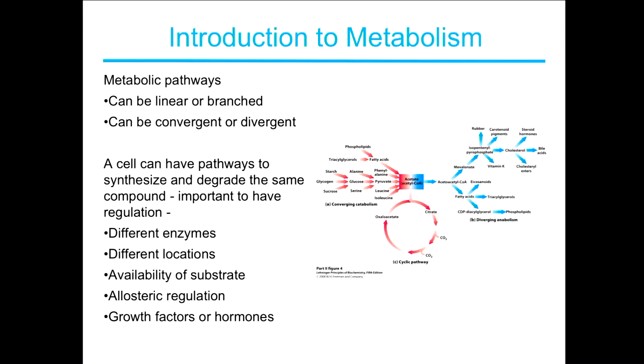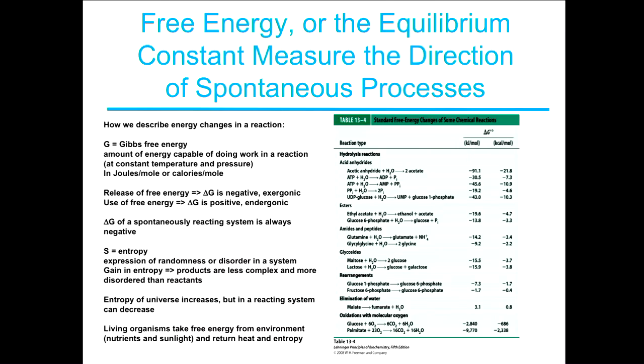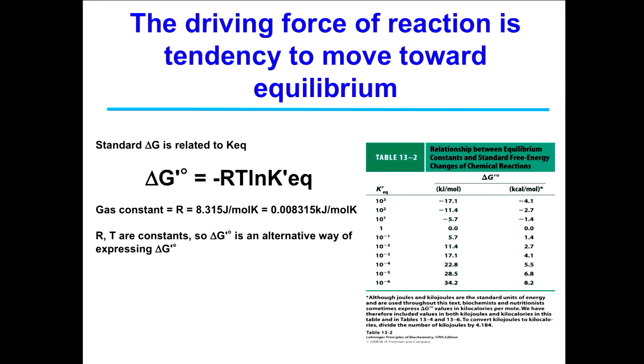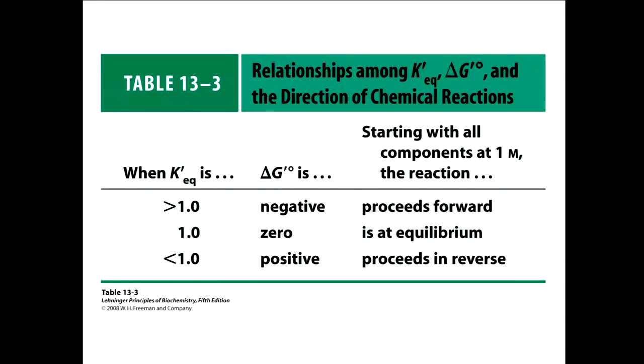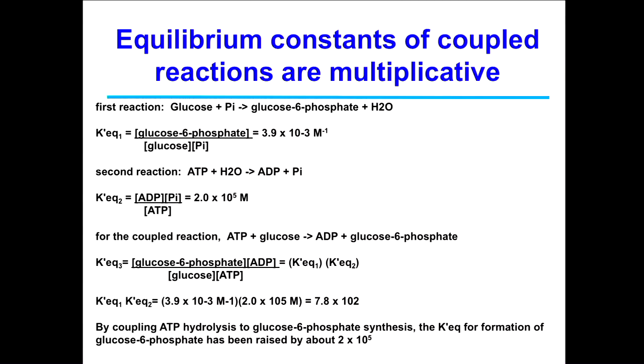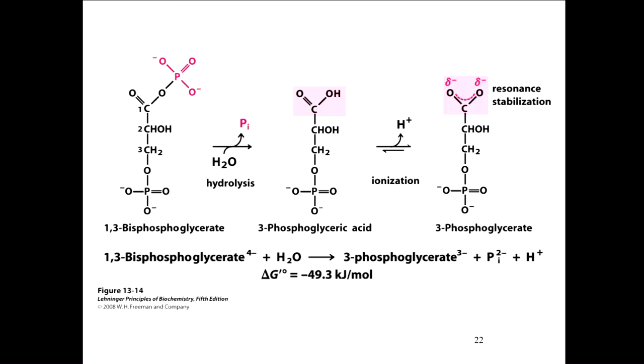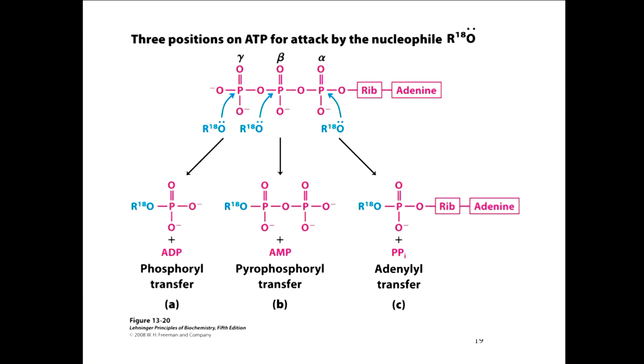We went through some of this last time. Then we started with bioenergetics, and we talked about delta G, K equilibrium, and all that, and some of the equations, mass action, and all that. So definitely go through that. And we talked a little bit about ATP. You should definitely know the structure of ATP by now, because you went through it in the previous module.